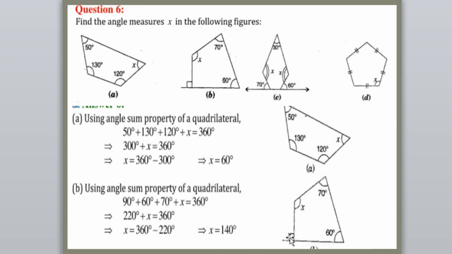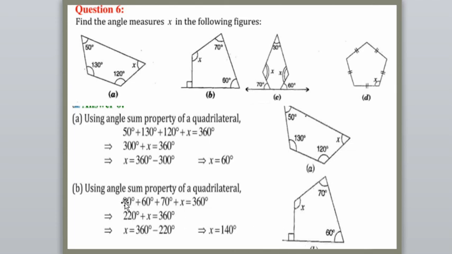These two angles are in a linear pair, and a straight line is 180 degree. So according to the linear pair, 180 degree minus 90 degree equals 90 degree. It means if this angle is 90 degree, then this angle is also 90 degree because they are in a linear pair.